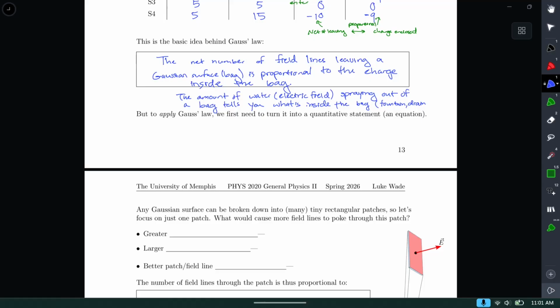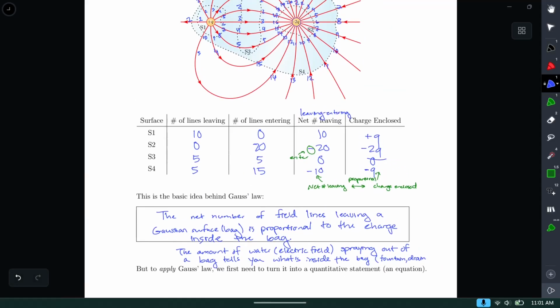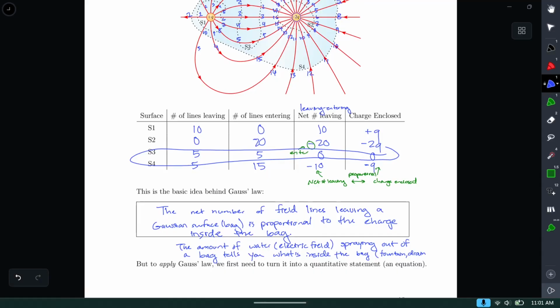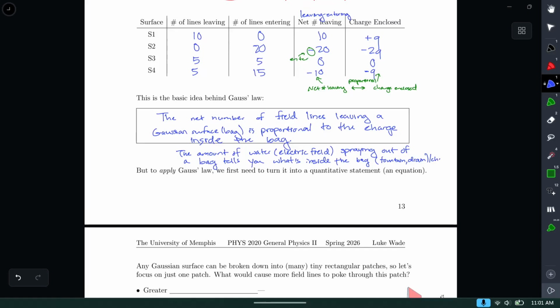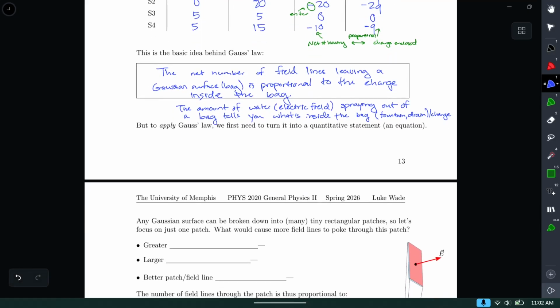If you see just as much water flowing into the bag as flowing out, it's not really catching anything. Water's just passing on through it. So there must be no net water source enclosed, similar to bag 3 up here. You're catching just as much water as is spraying out. There's probably not anything in there spraying out water or draining that water. And that's analogous to charge. So that's the idea of Gauss's law.